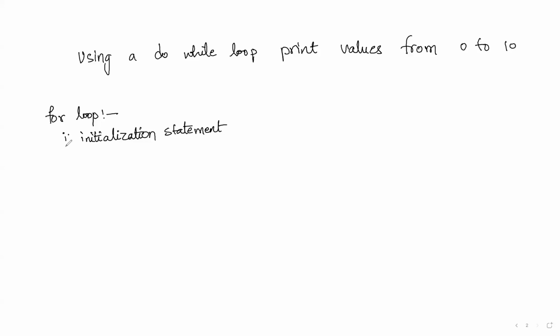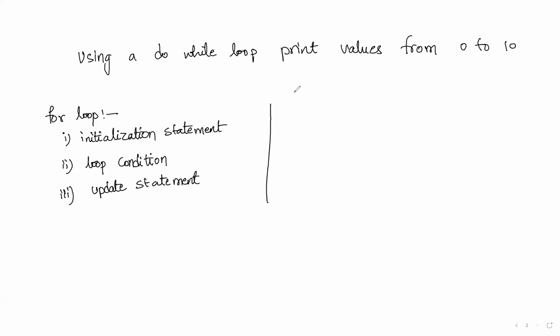Then a for loop has a loop condition. And the last one, a for loop has an update statement. So all three are there for a for loop.